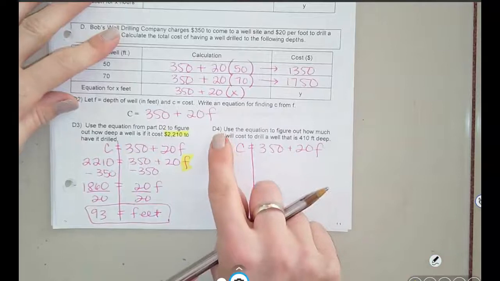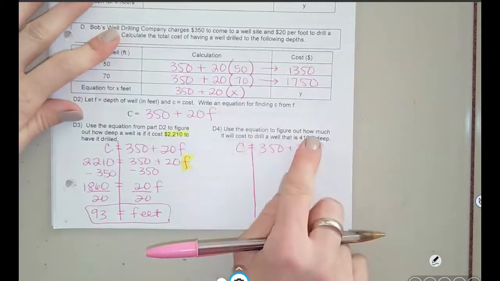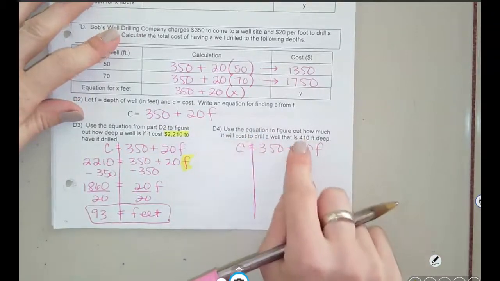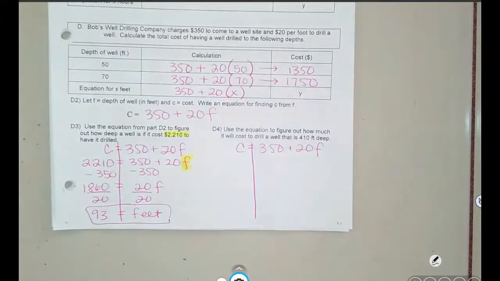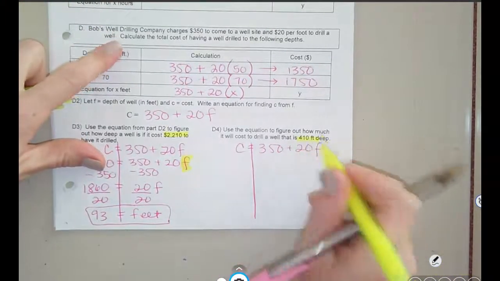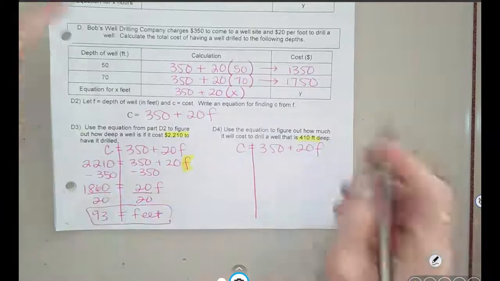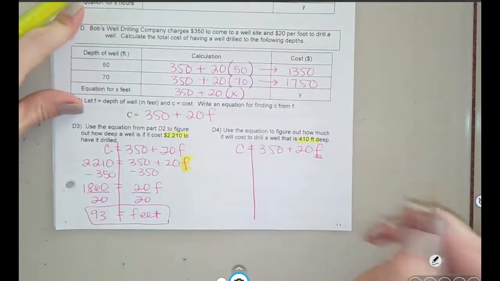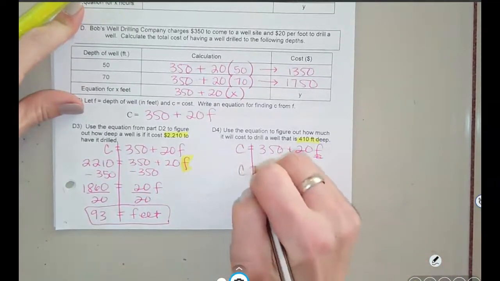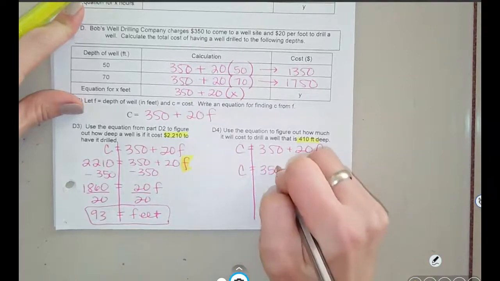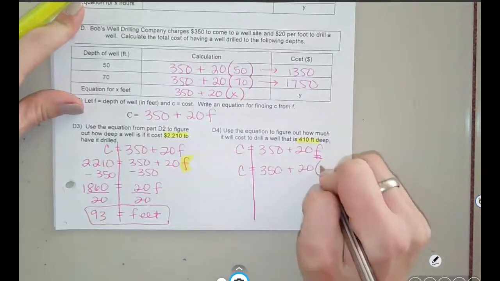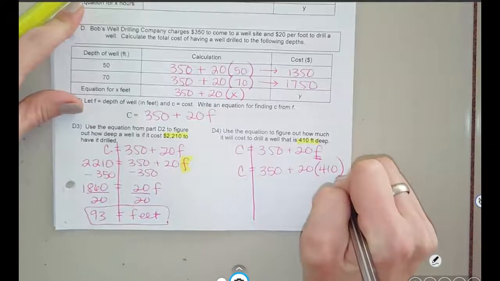Now I'm on to number 4. Use the equation again to figure out how much it would cost if you need a well that's 410 feet. Well, they're giving me feet. So I'm going to put it in for F. So cost is equal to $350 plus 20 times 410 feet.